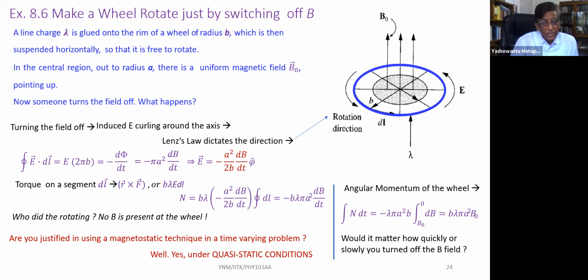Angular momentum conservation seems not valid because there is no external force, so everything was internal to the system. That is something that we hope we'll be able to address in the next few lectures: that the field itself stores both linear and angular momentum. All right, so that's something that we learn as we go along.